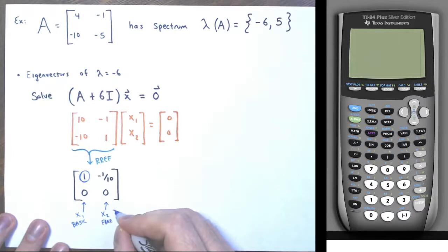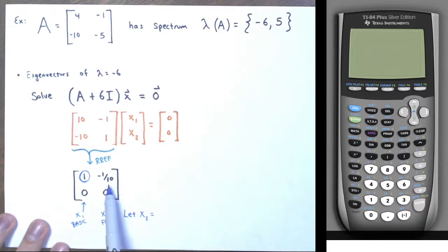Now, you can do what I've been doing, say let x2 equal t, but I'm going to do something a little different here because of the fraction. If you want to let x2 be t or just keep x2 as x2, that's fine. Nothing wrong with that. I just want to get rid of the fraction. So if I replace x2, this is going to be -1/10 times x2.